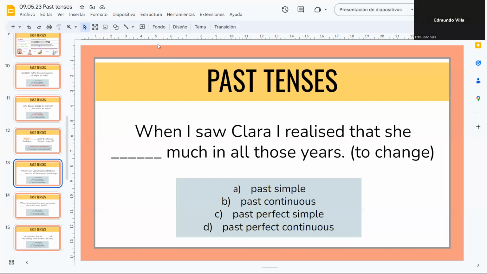Because when I saw Clara, at the same time I realized that she changed much in all these years. Two actions happening at the same time. All right, yeah, could be. Let's see. Does anybody else have another idea?